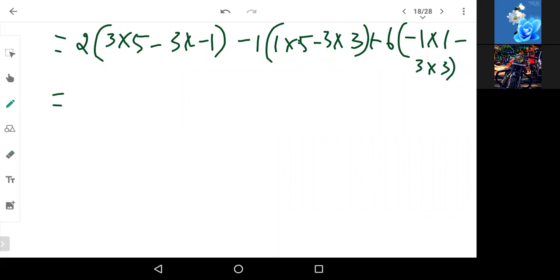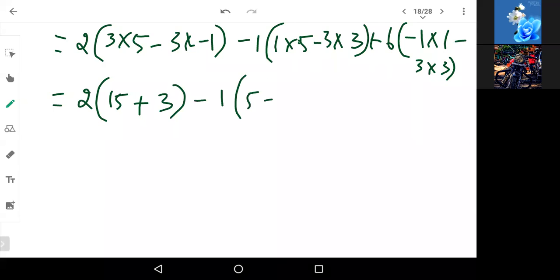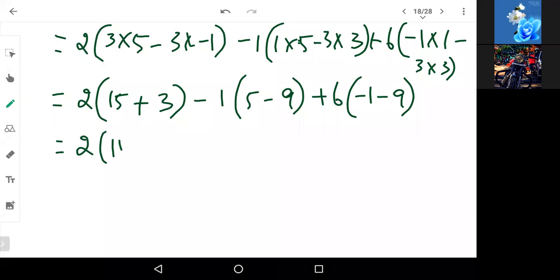So in the next step, 2 into 3 5s are 15 plus 3, because 3 into −1 is −3. Minus 1 into 5 minus 9, plus 6 into −1 minus 9. So 2 into 18 minus 1 into −4 plus 6 into −10.